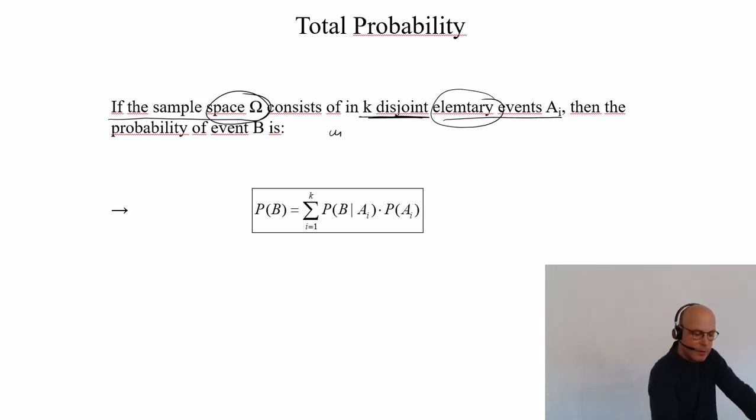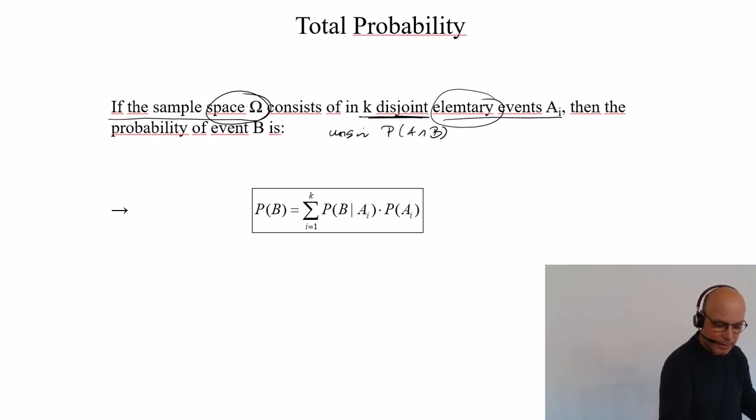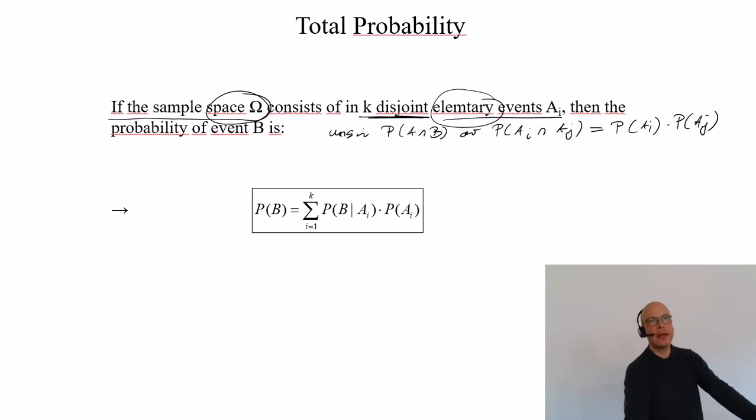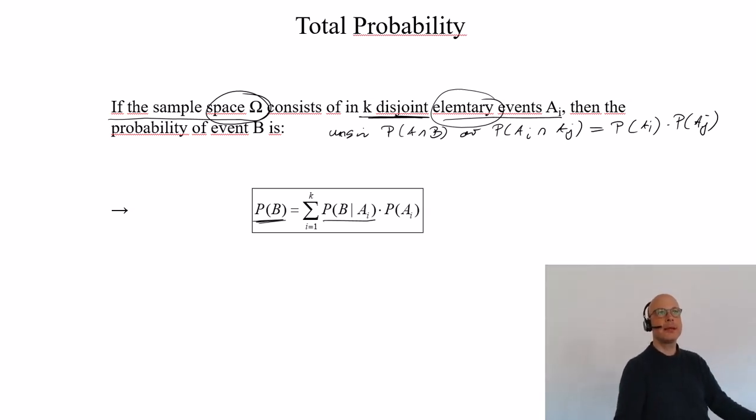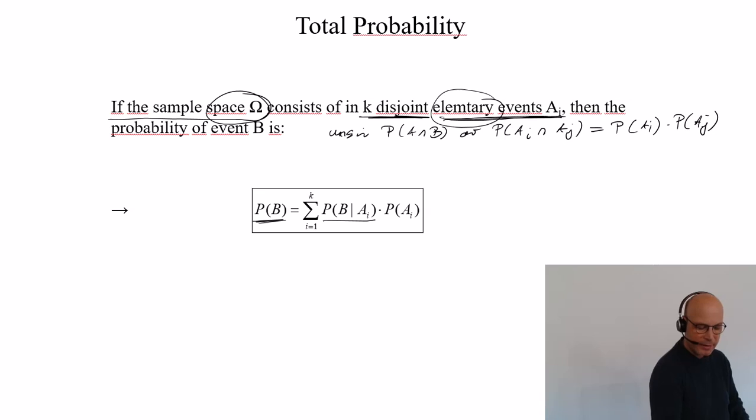And then using P of A and B, or P of A_i and A_j equals P of A_i times P of A_j, then we can say we can calculate the probability of some specific outcome as the sum over the product of the conditional probability that B happens given every single elementary event times the probability of the single event itself.